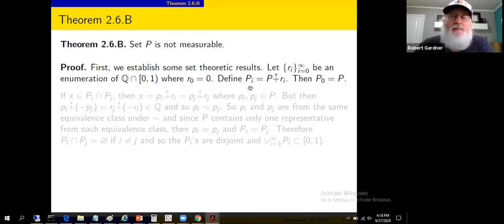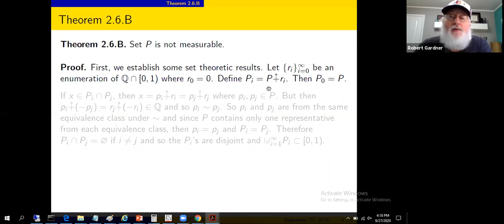We're going to define a countable collection of sets. Define P sub i to be set P, as defined above using the axiom of choice, circle plus the rational number R sub i. So when i equals 0, we're taking P circle plus 0. We're just getting set P out.